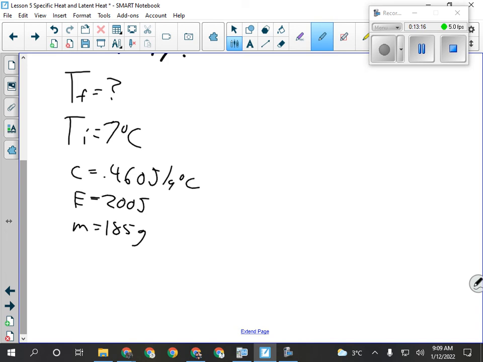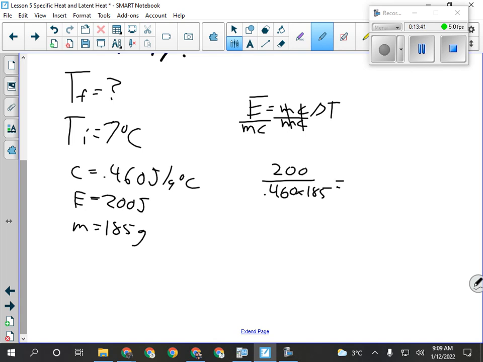So we've got to solve for temperature change first. Does everyone follow my reasoning on that? Okay, so E equals M times C times delta T. And I'm going to solve for delta T by dividing both sides by M times C. So that then will be 200 joules divided by 0.460 times 185.